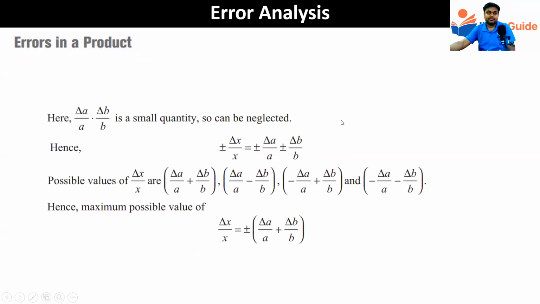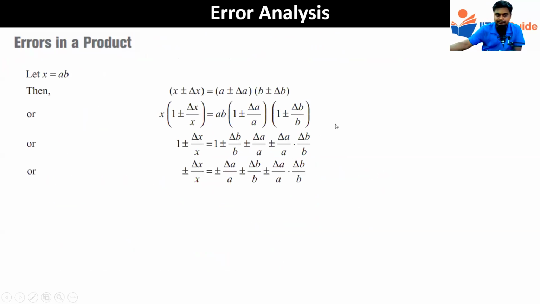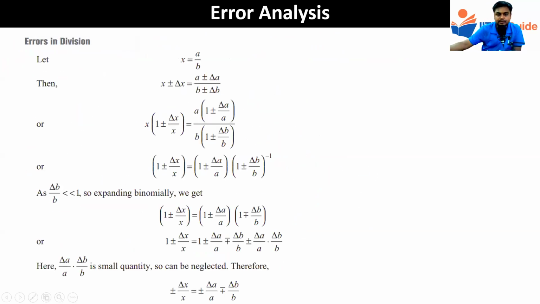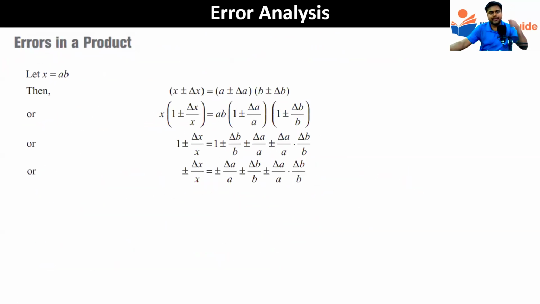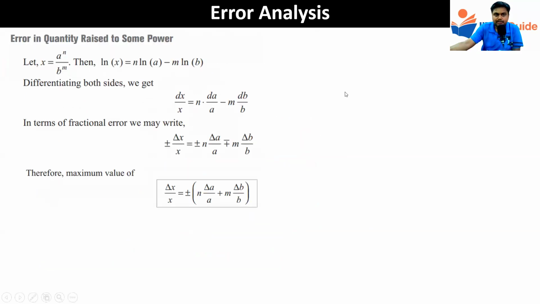Errors in product. Now, this is important. So errors in product, errors in division. Both of these we will combine in a generalized situation where we have error in a quantity raised to some power.